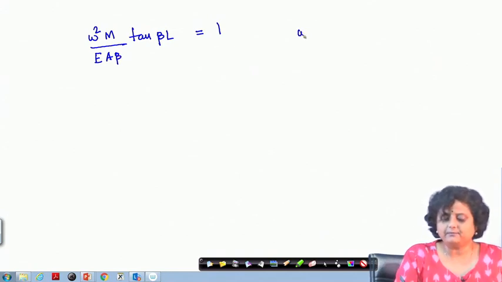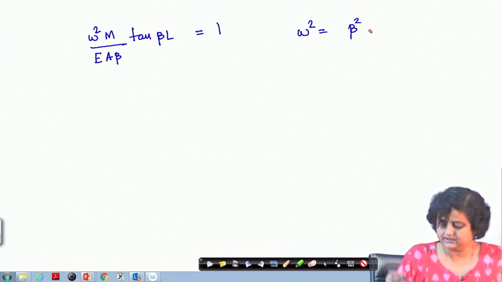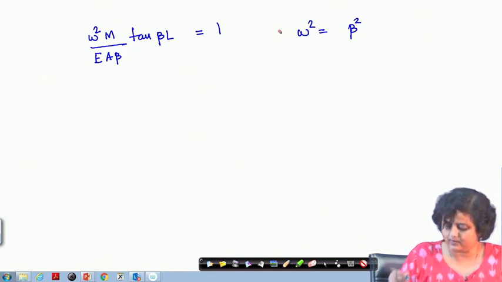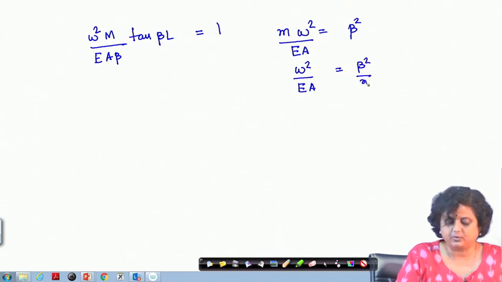Now, if we remember, beta square is omega square into m by E a. So, omega square by E a can be written as beta square by small m.